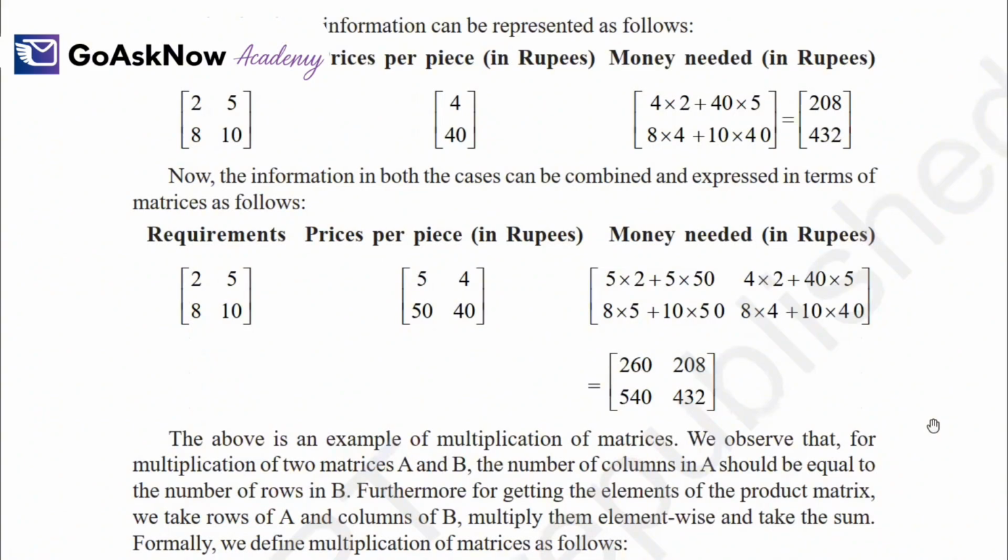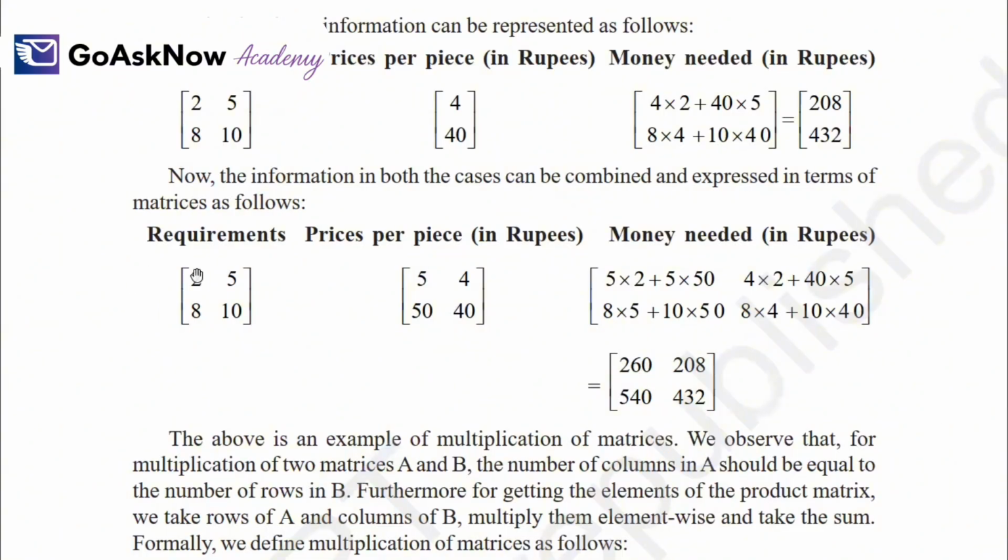So we can represent it in a single product, where 5 and 50 are written in a single column, and 4 and 40 are written in the second column. Then you multiply the horizontal to vertical arrangement and separately add them, and you will get the 4 elements in the final result.